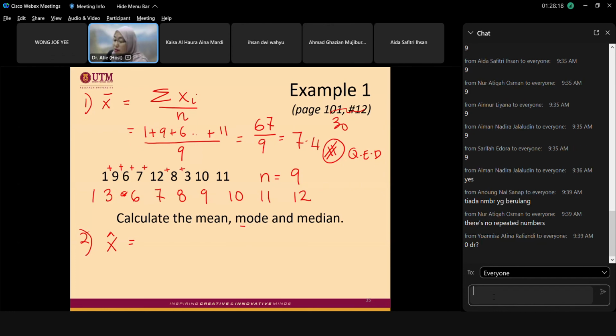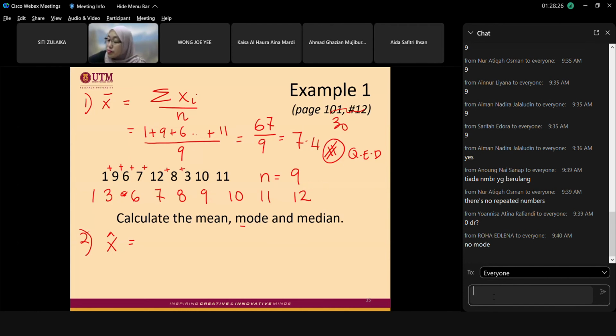What do you think? Because there are no similar numbers, there is no repetition in the numbers. Okay, so we can say the answer for the mode is no mode, because each number only occurs once. As Zulaika said, there is no repetition in any of the numbers. So that's why our answer is no mode, right?